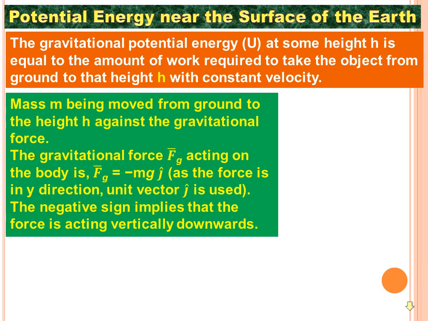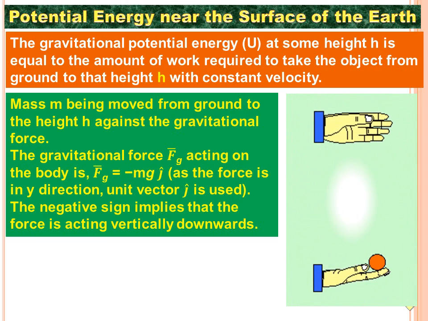Mass m is being moved from the ground to the height h against the gravitational force. The gravitational force Fg acting on the body is F equal to minus mg, because it is taken up to a certain height position.